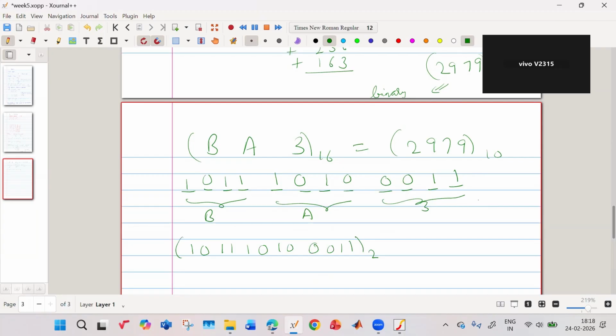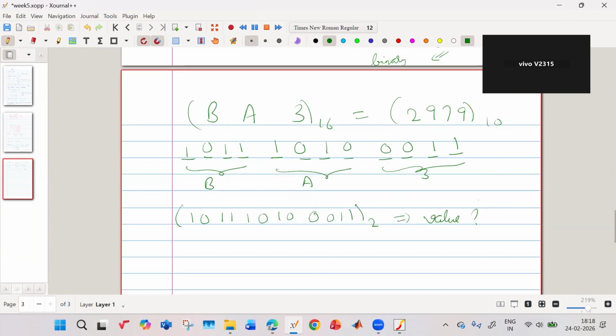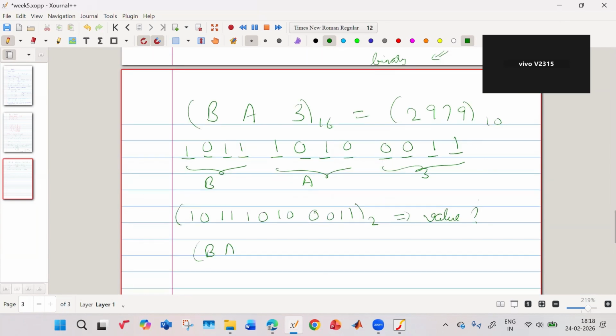If I tell you to find the value, what does this signify? It is very difficult. But if you write it in a compact form like BA3, it is easier for you to visualize and understand. That is why they came up with the hexadecimal representation.